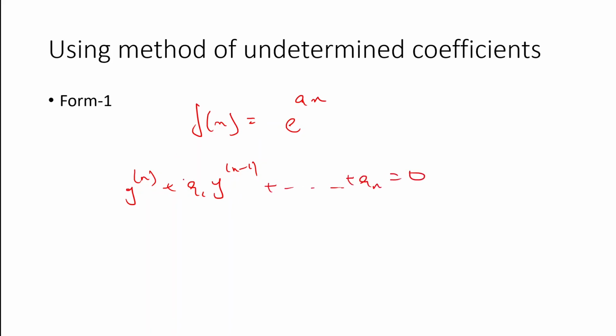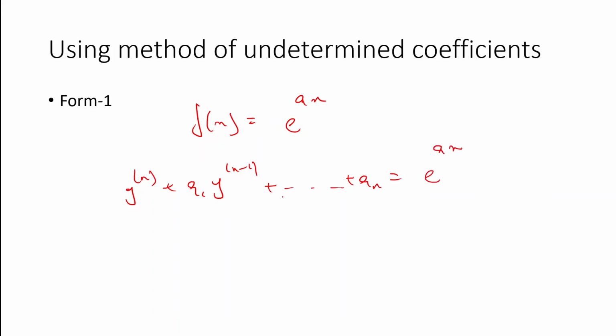So what is our form 1? F of x is equal to e to the power ax. This is the first form. If f of x is equal to e power ax, we can write the equation y^(n) plus a1 y^(n-1) all the way up to an y, equal not to 0, but to f of x, which is e power ax.